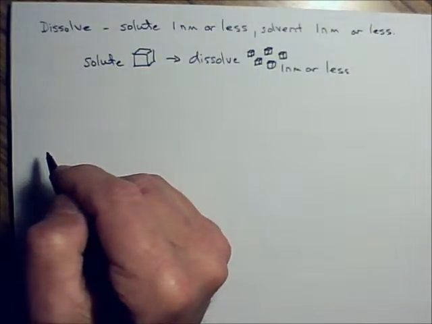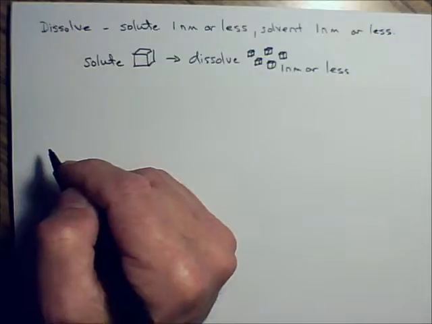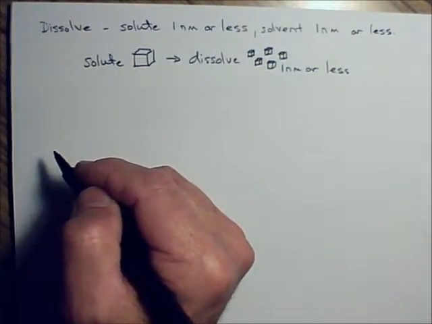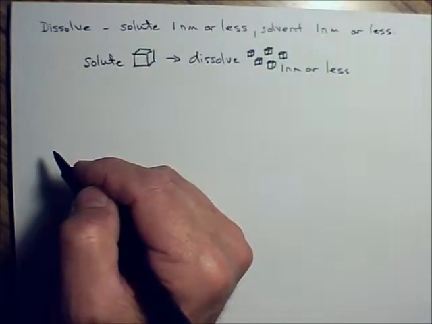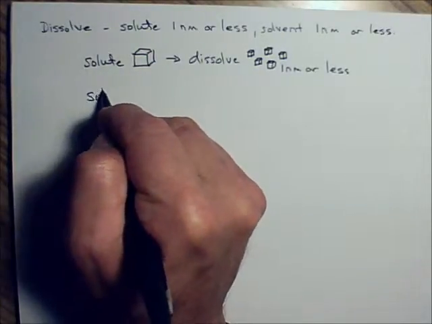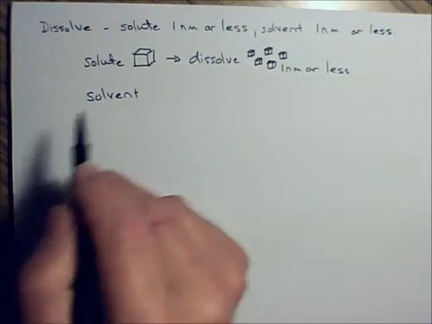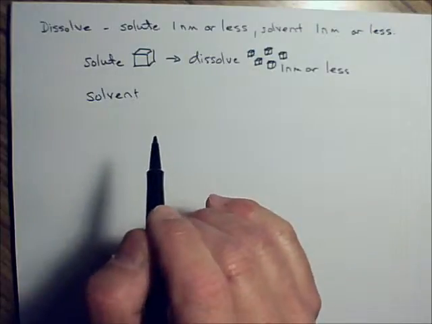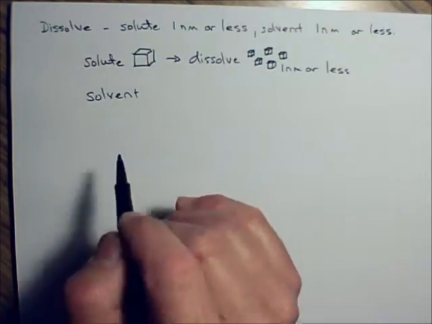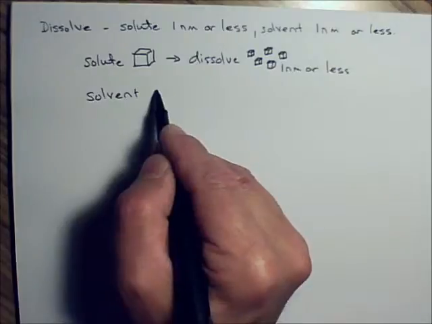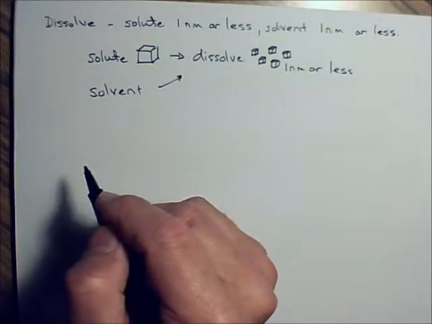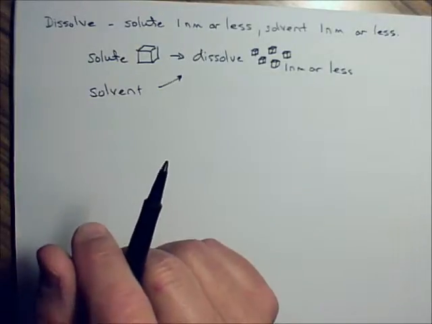So it has to break up into particles, chunks, that are a nanometer or smaller. The solvent has to surround these tiny little solute particles with their own particles that are that small or smaller. So you have to dissolve at the nanometer size or less.